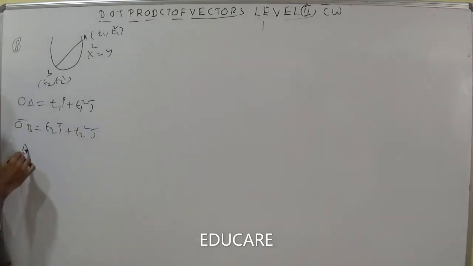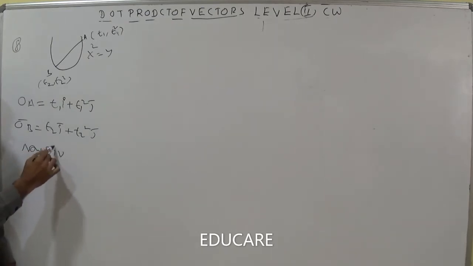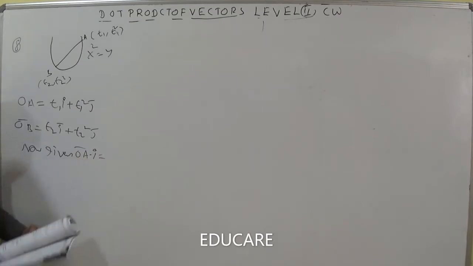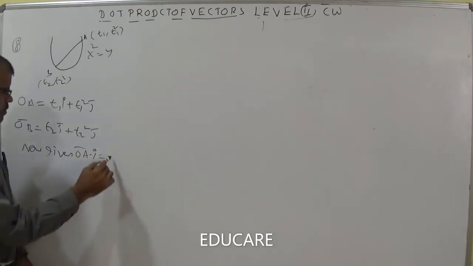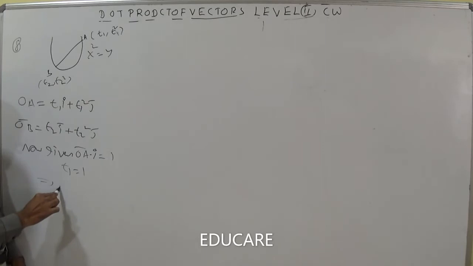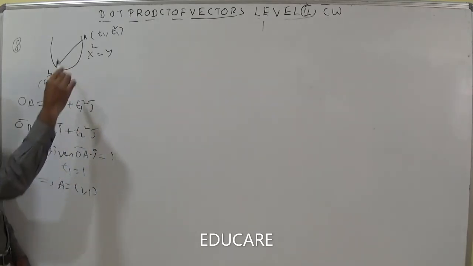Now he given the condition. By condition we have OA dot I bar is equal to 1. So with I only multiplying, you will get the value T1 equal to 1. Whenever you get T1 is equal to 1, A you can write as 1 comma 1 simply.